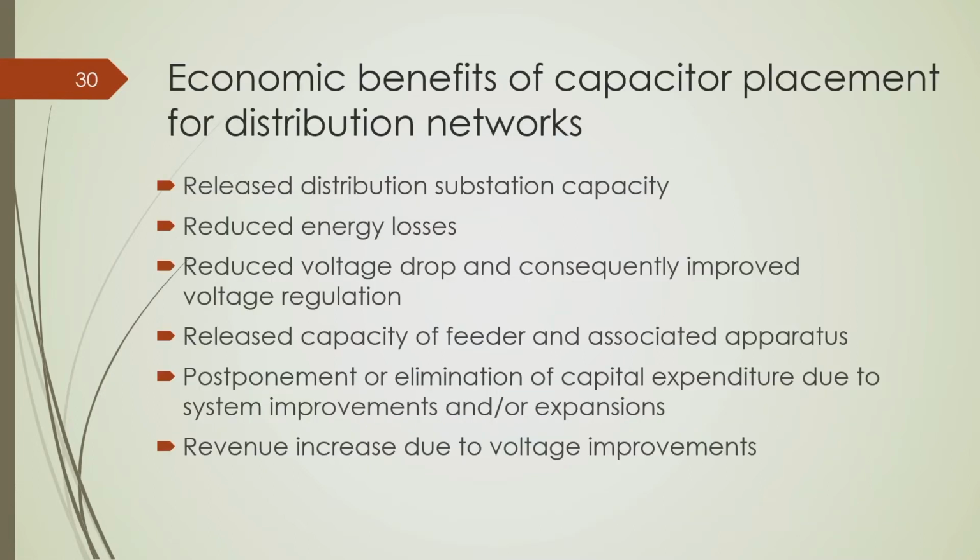Now, what are the economic benefits that we will get in a capacitor placement in distribution network? As I have explained in one of the problems last lecture, due to the placement of this capacitor bank, if you can remember this numerical problem, then this generator can be loaded additionally 150 kilowatt.